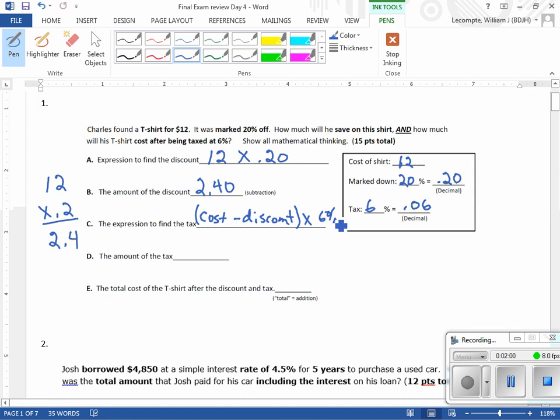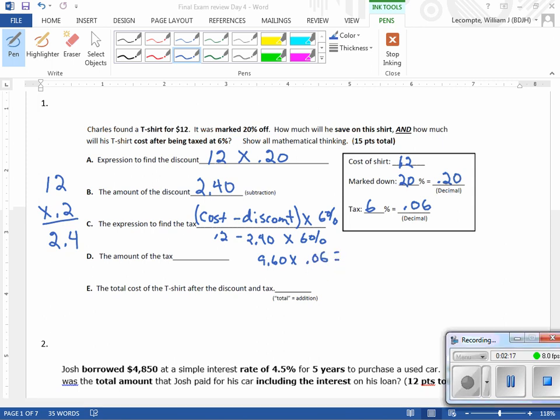Or 12 minus 2.40 times 6%, or 9.60 times 0.06, which equals 58 cents, or 0.58. Right, and so that was the amount of tax.